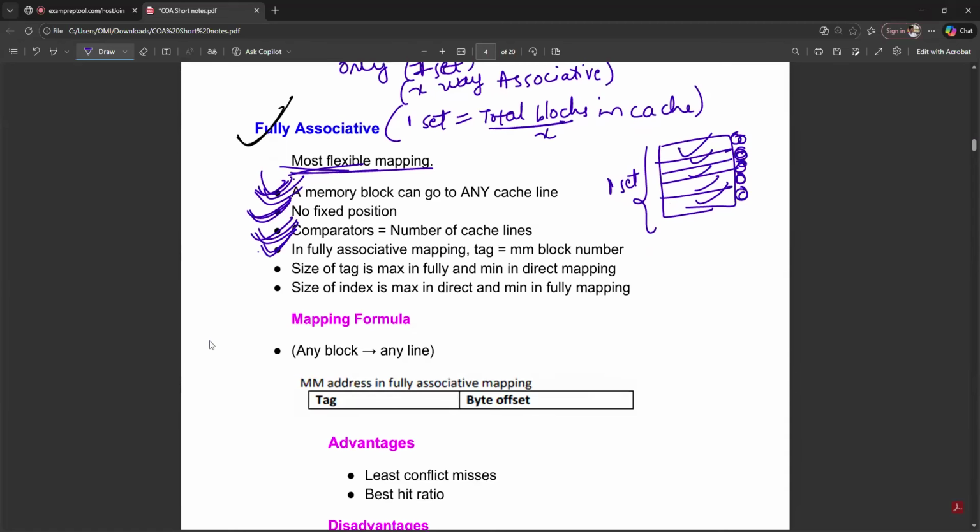So let's say this is the mapping formula, that any block can go to any line, because there is only one set.